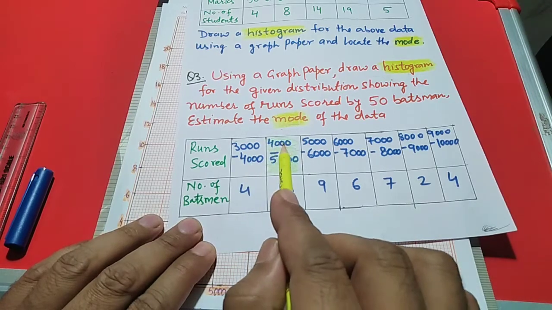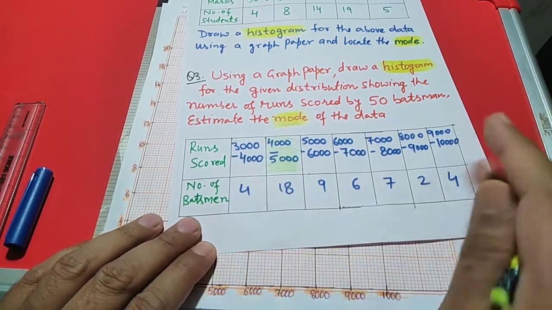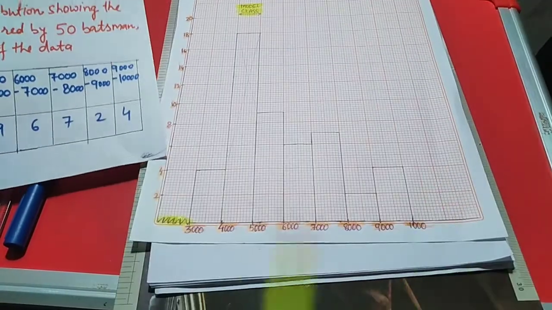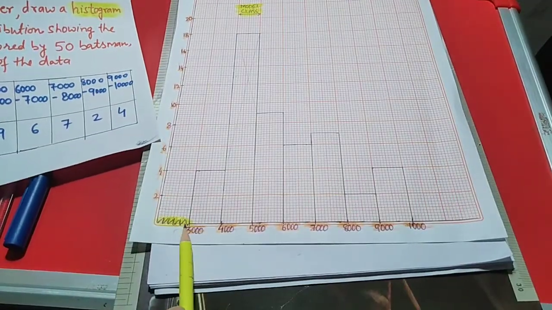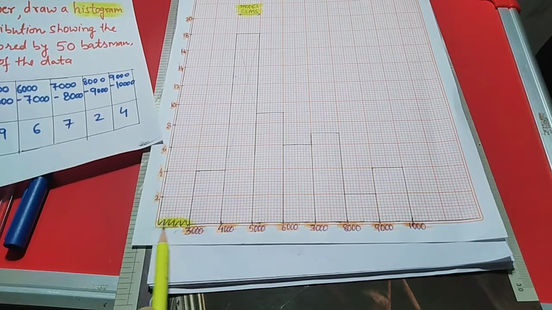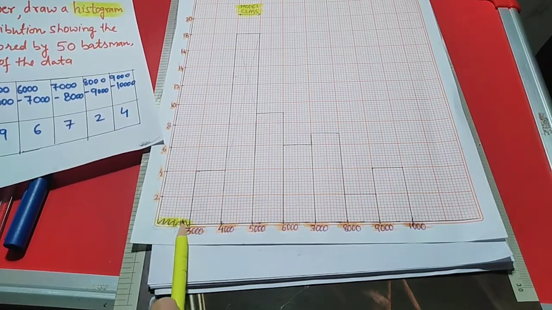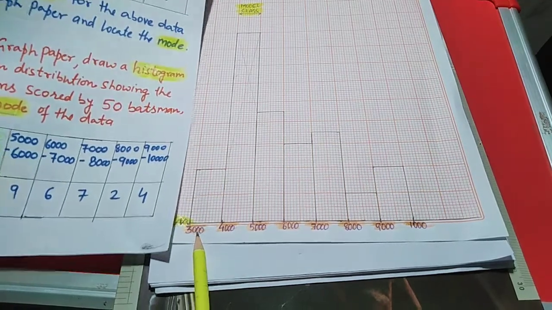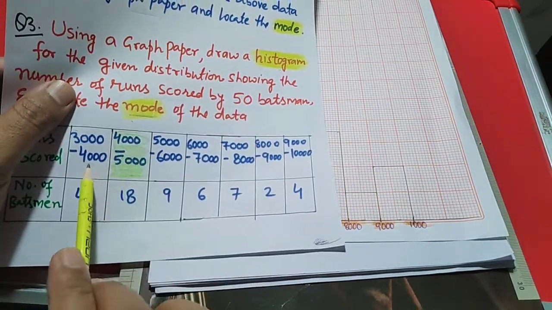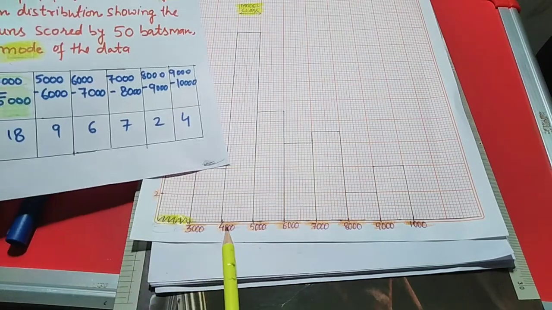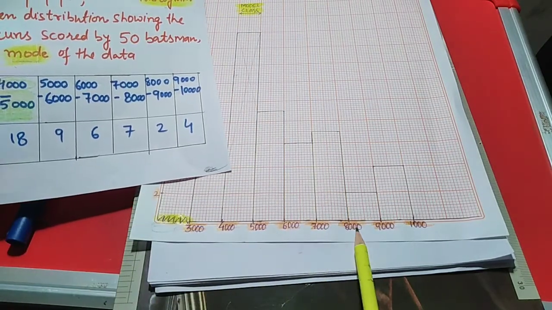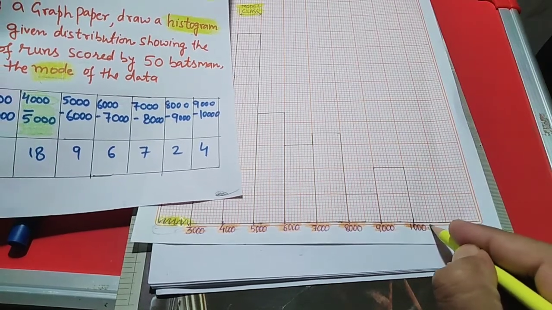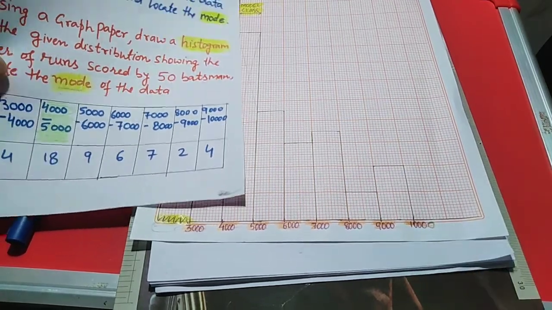It means you have to make a kink on the x-axis, because your data is starting from 3000. So we have folded the x-axis and this is called your kink. So the first limit is 3000, then according to the interval 4000, 5000, 6000, 7000 and up to 10,000.